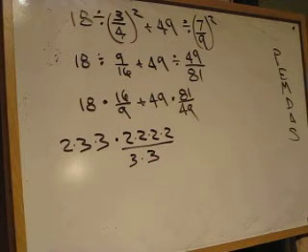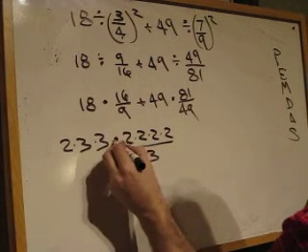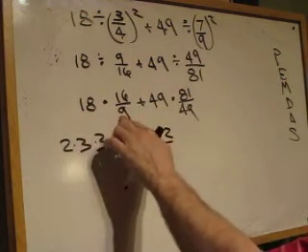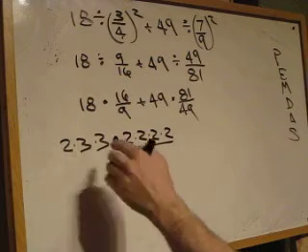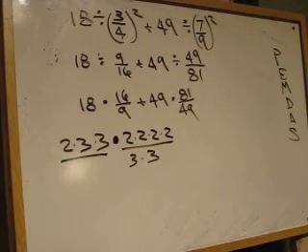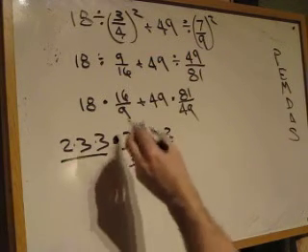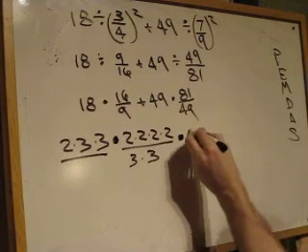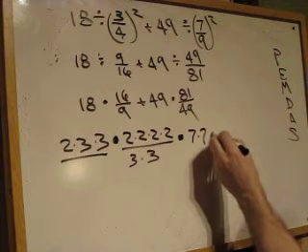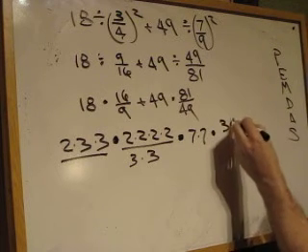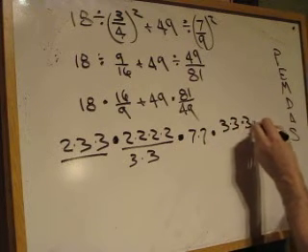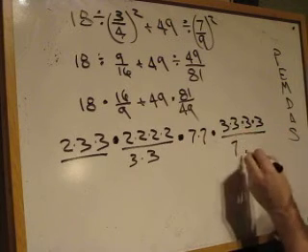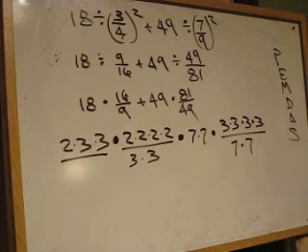It starts getting a little messy, but a lot of times I make my multiplication sign between numbers extra big, so I know that this represents the 18 and this represents this fraction. Now the 49, 7 times 7, multiplication sign bigger. 3 times 3 is 9, times 3 is 27, times 3 is 81. And then I also have a 7 times 7.